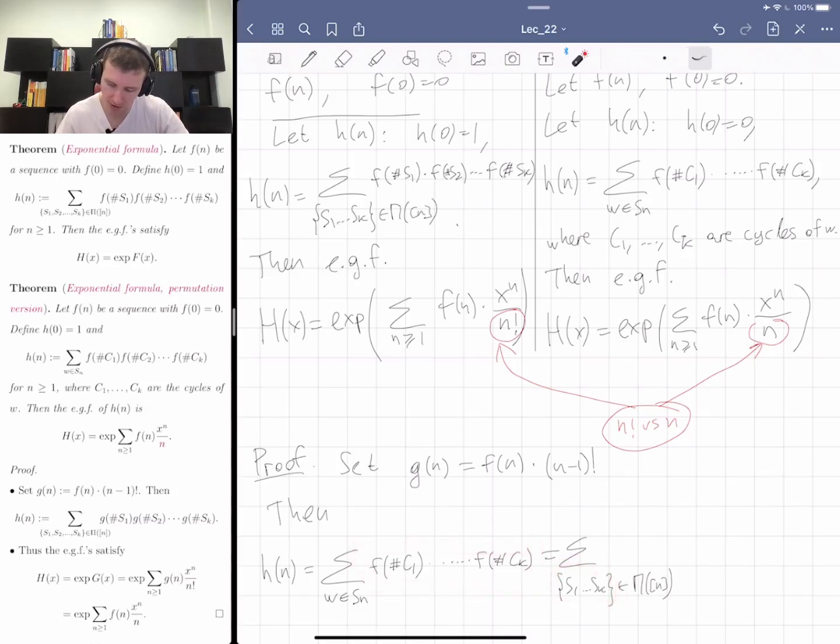Well, how many times? If you just give me a set partition, then in order to make it into a permutation, I have to pick a cycle. I have to cyclically order each block of my partition. So I have to multiply by the size of each block minus 1 factorial. That's the number of cyclic structures.